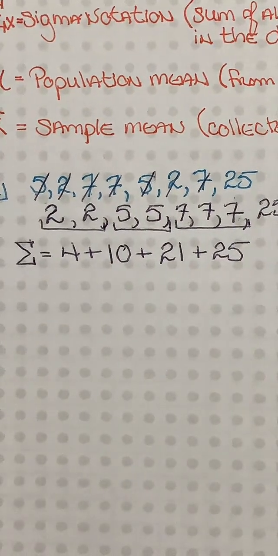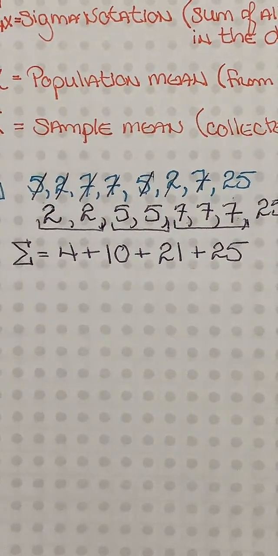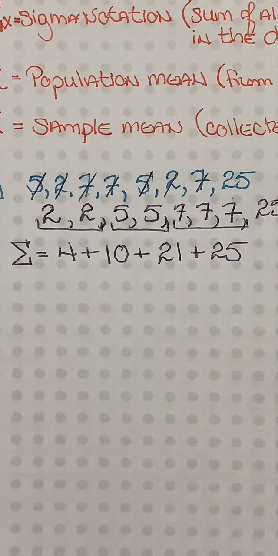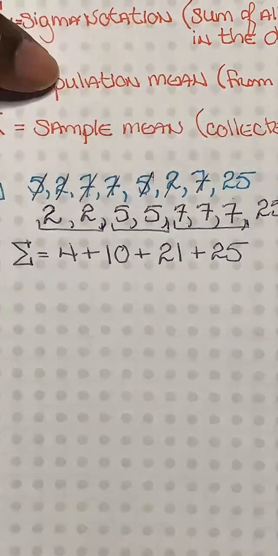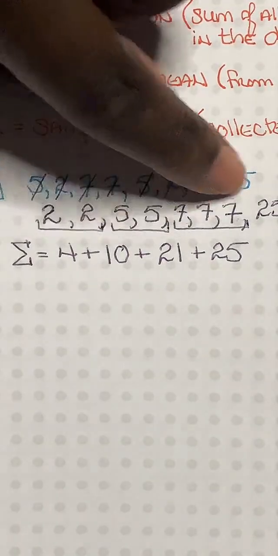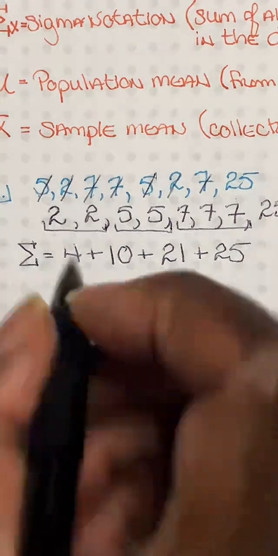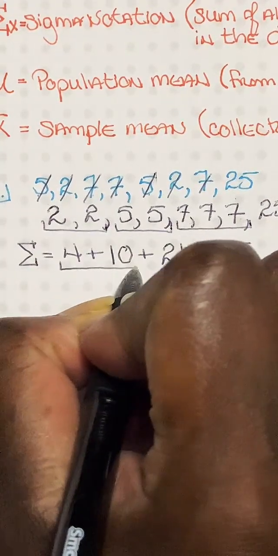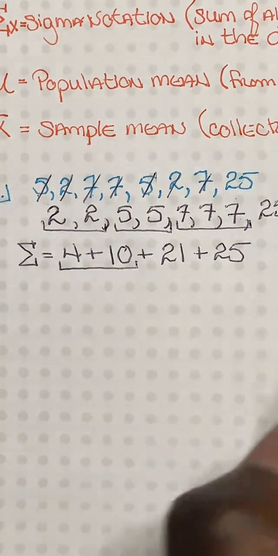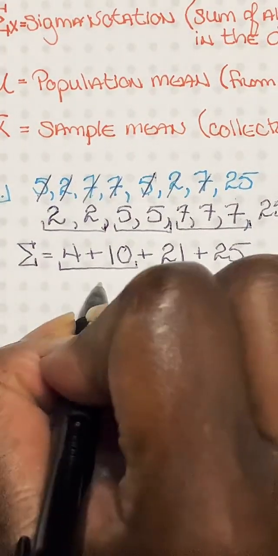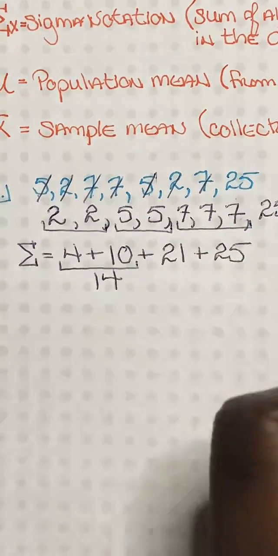Okay, so if you don't have a calculator and you are given a list that you need to find the mean for, you can put them numerically and then group them based on their numbers. And then we're going to group them again. Since it's all addition, I can group the 4 and the 10 and get 14.